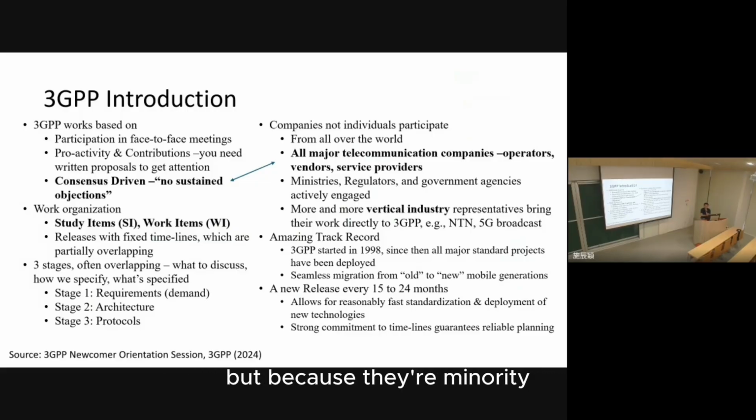But because they're a minority, if you use majority rule, then their opinions will be ignored. However, if this is not feasible for the base station, meaning no matter what they do, they cannot really support these features, then can these features really be used by the customers?